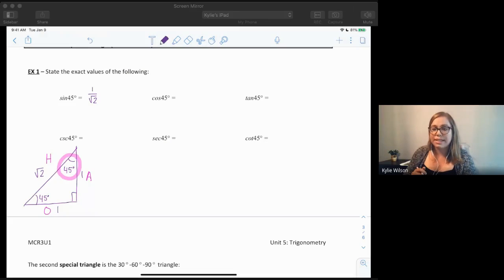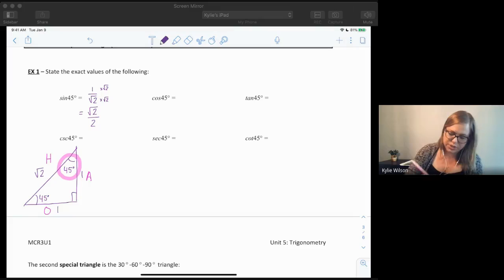Now, one thing that is really important is we don't like having radicals on the bottom. Remember that? The other way to write this, and how you'll commonly see it written, is we'll multiply both the numerator and the denominator by root 2. So we'll have root 2 over 2.